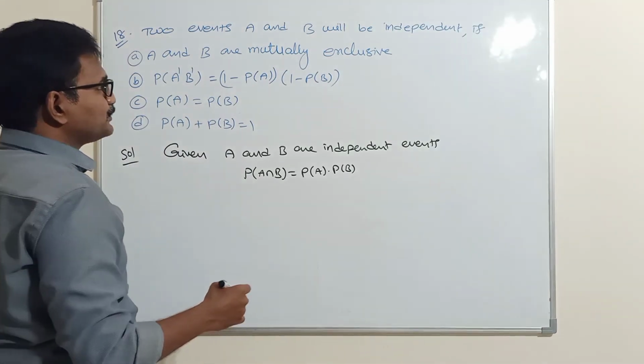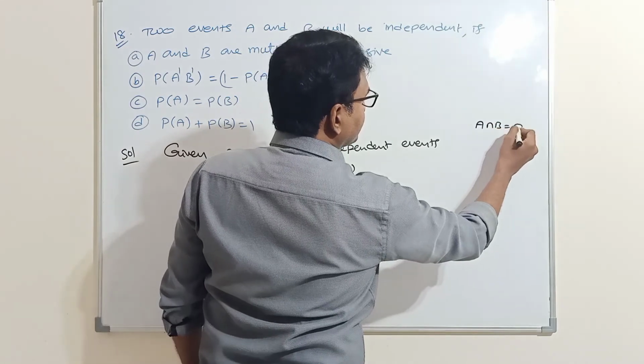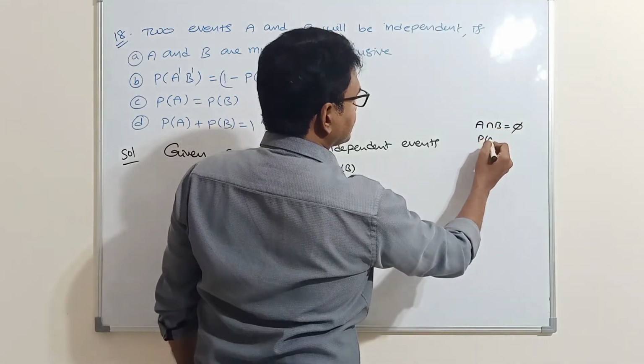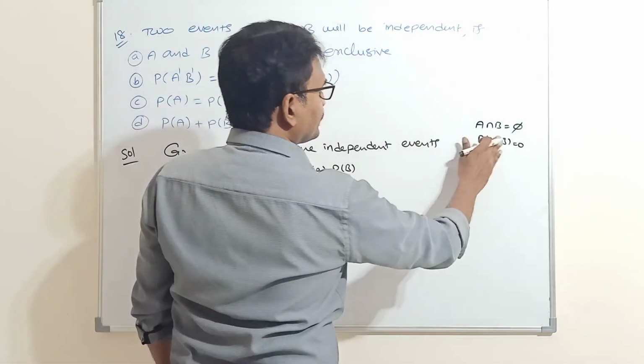If A and B are mutually exclusive, then A intersection B is empty, and P of A intersection B would be 0. So this condition is not applicable here.